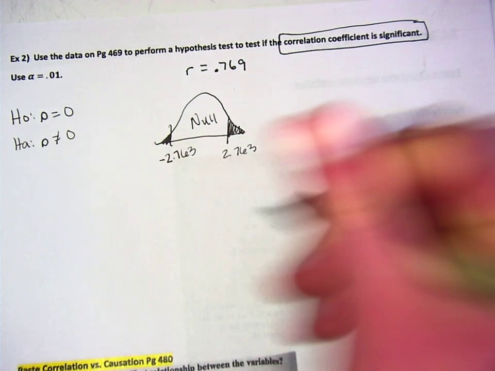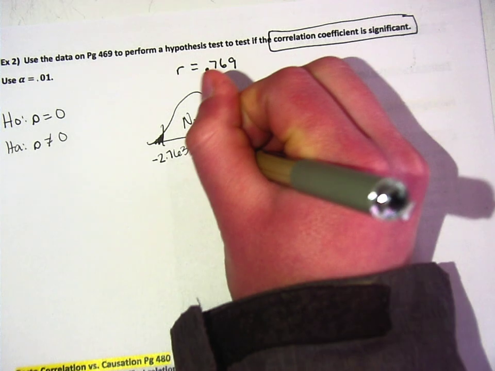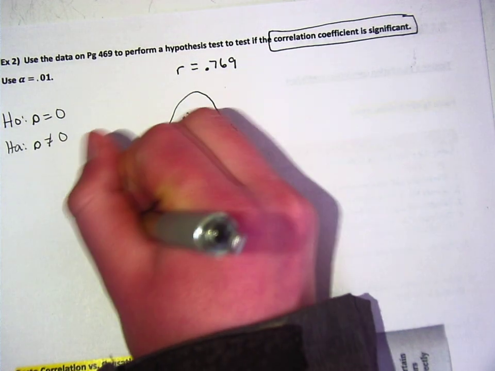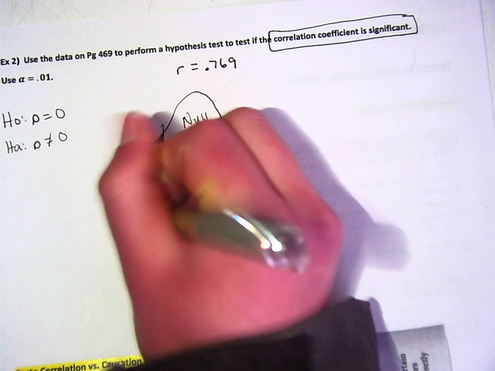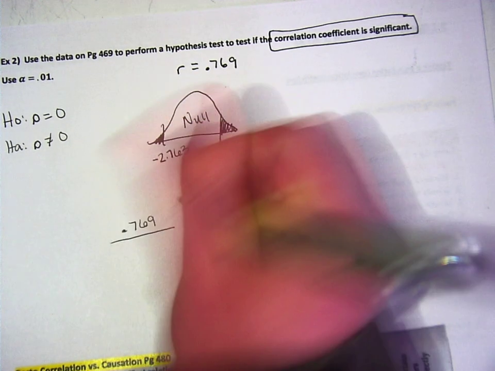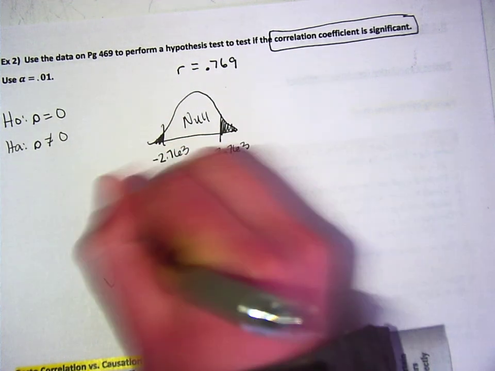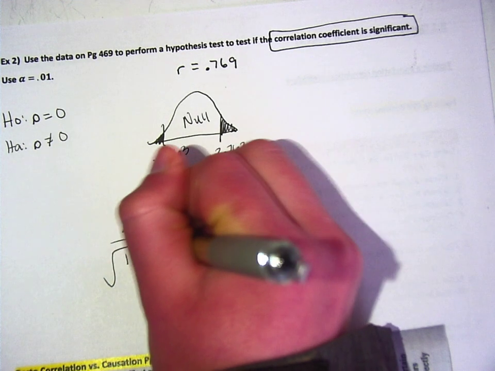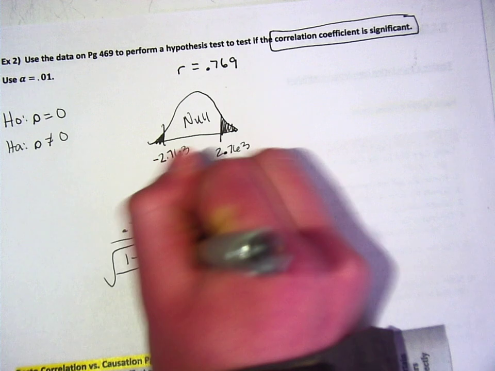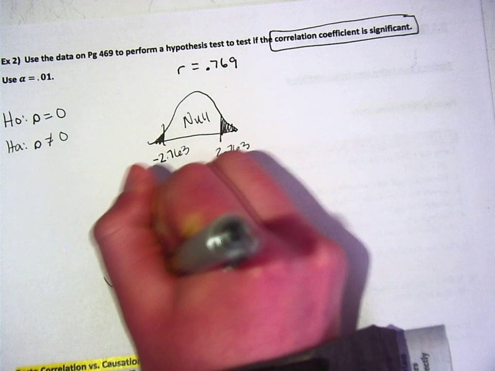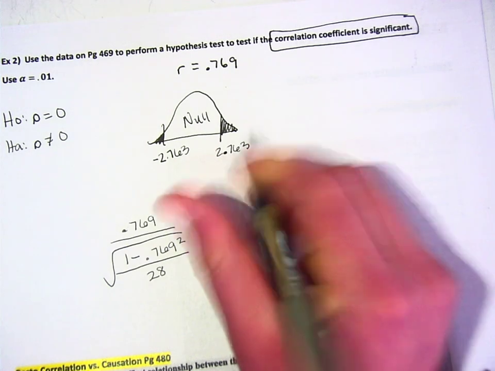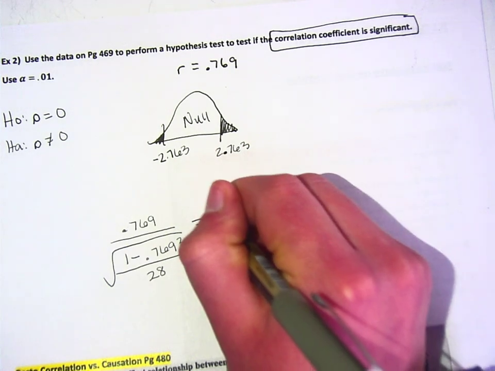Then we found those numbers by taking the alpha onto the t-chart. After plugging that into the formula, it equals 6.366.